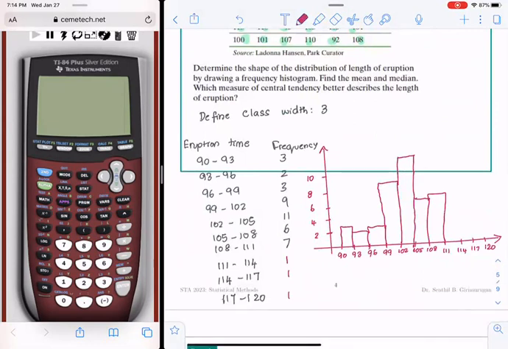And now I can fill it up, so I'd have 1, 1, 1. So that's sort of the shape I'm getting.